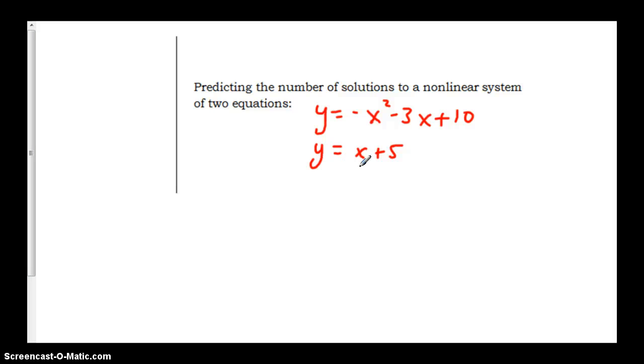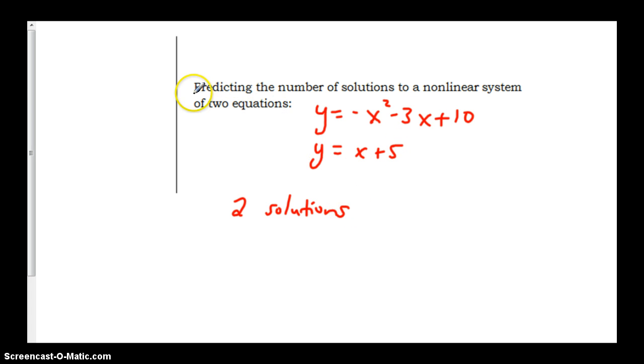This one would most likely have 2 solutions, because you can see that you'll have a line with a y-intercept of 5 and a slope of 1, and the parabola is going down. And the y-intercept of the parabola is above the y-intercept of the line, so the parabola would open down above it and would give you 2 solutions.